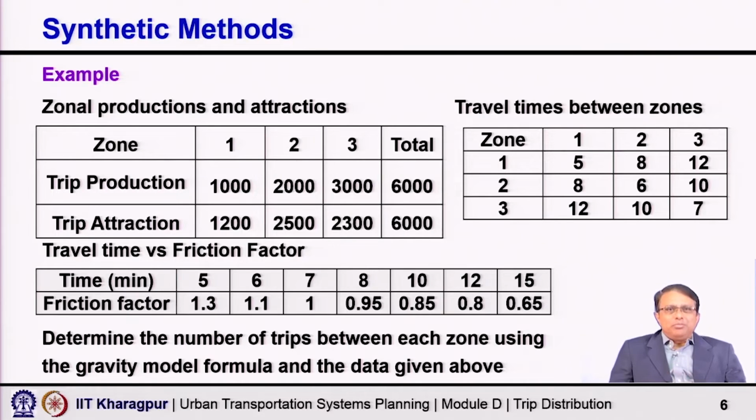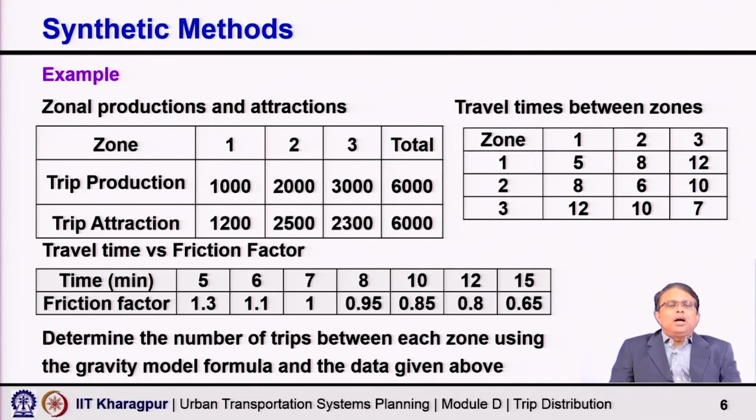For 5 minutes the friction factor is 1.3, 6 minutes 1.1, 7 minutes 1, 8 minutes 0.95, and so on up to 15 minutes. Somebody has developed this and given it to you. How to develop it will be discussed in lecture 7.